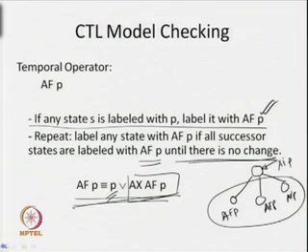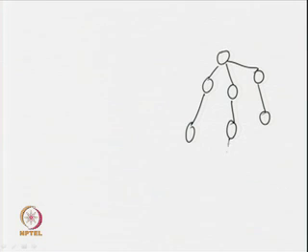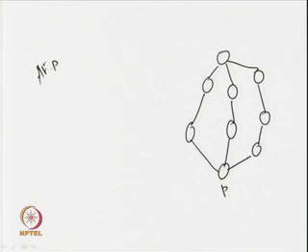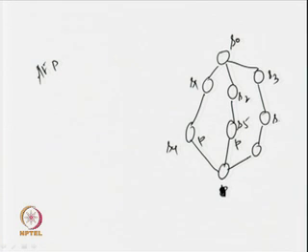I will tell you one example. Say you are looking for in all paths in future P is true, AF P. These two states are marked with P. So, these are the states S0, S1, S2, S3, S4, S5, S6, S7, S8.